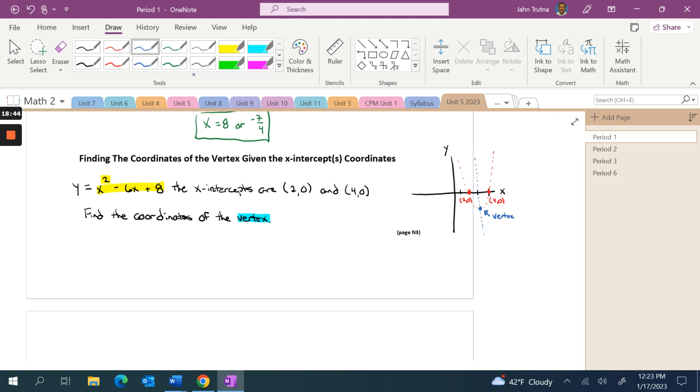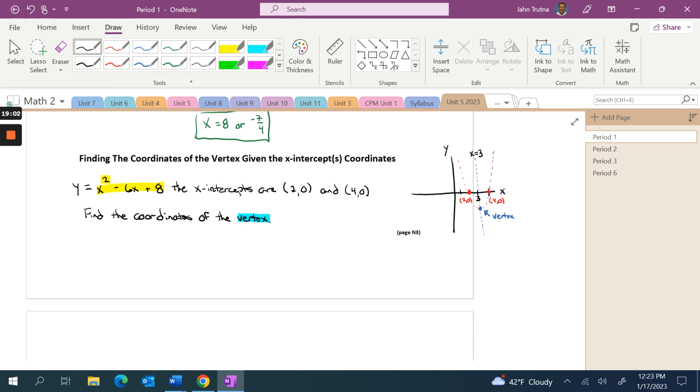So what that means is that this line of symmetry has to go through the x-axis at +3.